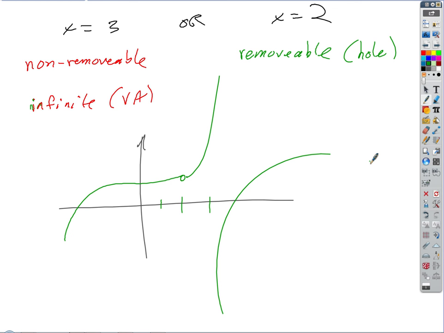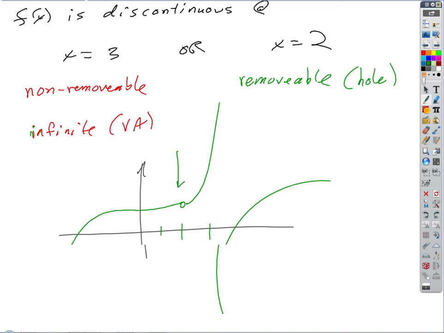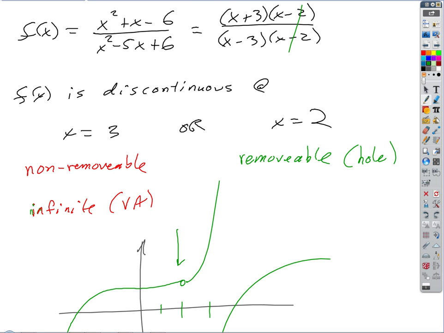This is what we're worried about anyway. We know that's a hole, so we want to be able to fill that in. But to fill it in, how do I know what y value to assign? I've got to take a limit. Exactly.